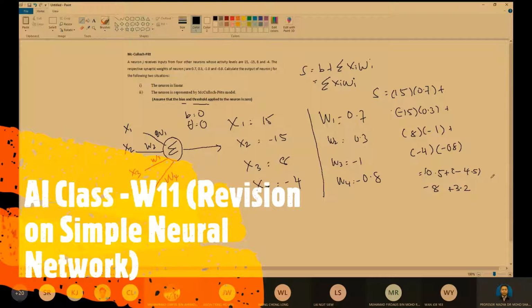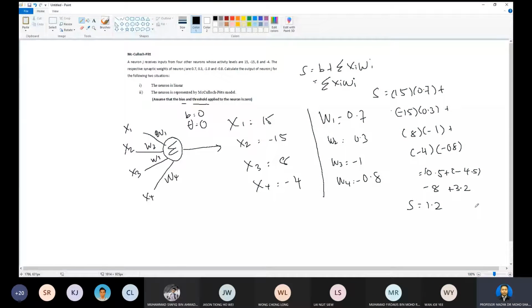So the total is 10.5 minus 4.5 minus 8 plus 3.2. So the answer will be S equals 1.2. If the neuron is linear, automatically the output of our system will be the same as the input here. So the answer will be 1.2.